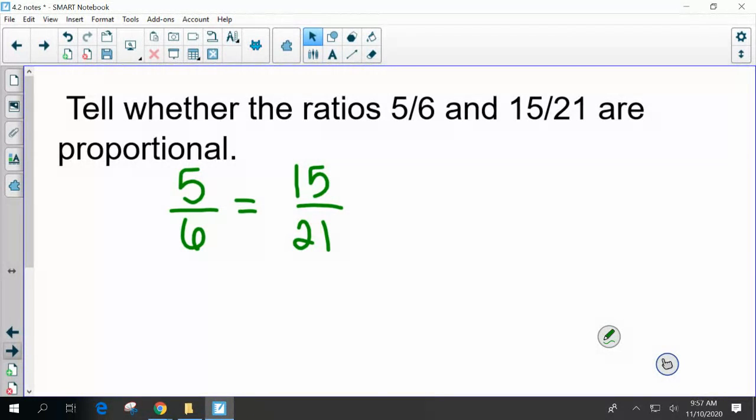What'd you get? 0.83 repeating? Okay. Or you can do 15 divided by 21 and see what decimal that is. 0.71? Yeah. So those are not the same. So this is not proportional.